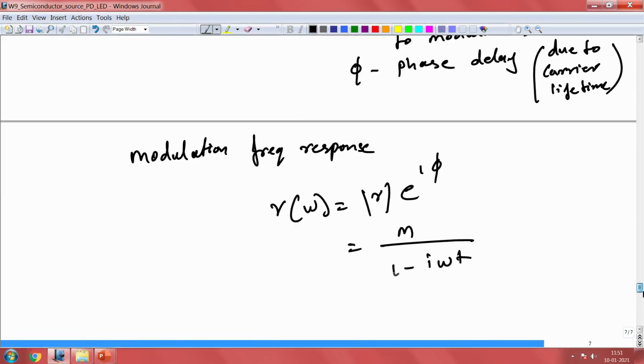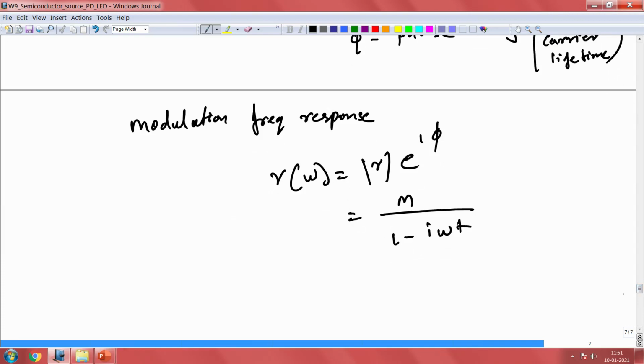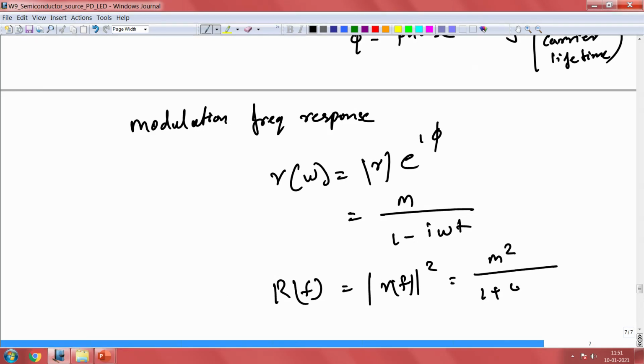This is something that we know from our control theory. But what is the actual transfer function? A solution to this R f is nothing but R f whole square, which is nothing but m squared divided by 1 plus 4 pi square.